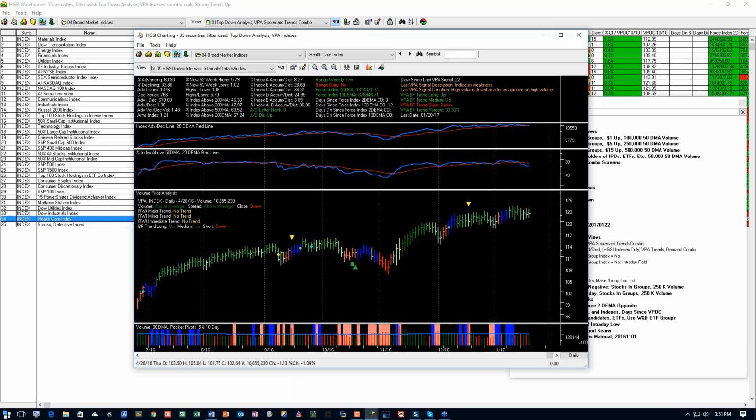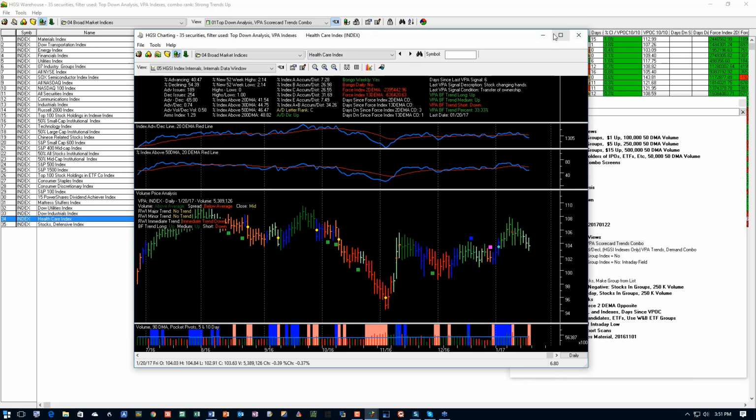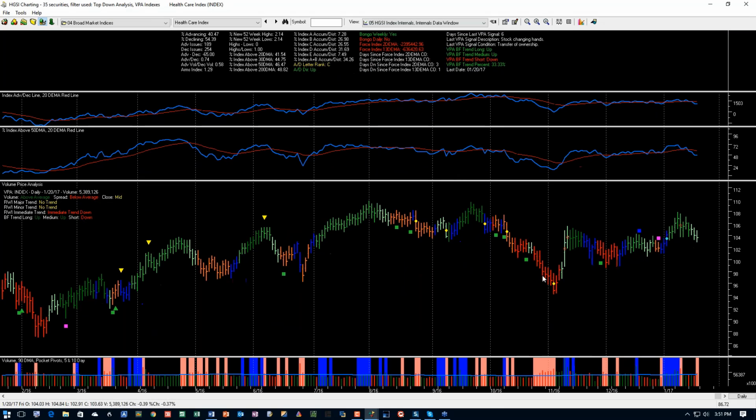Let me just bring this healthcare up and show you what it looks like compared to the NASDAQ. Now this also is with market cap weighting, and if you go up here and look, you can see that only 40% of the stocks in the index were advancing on Friday.